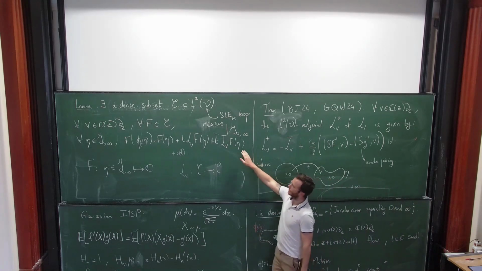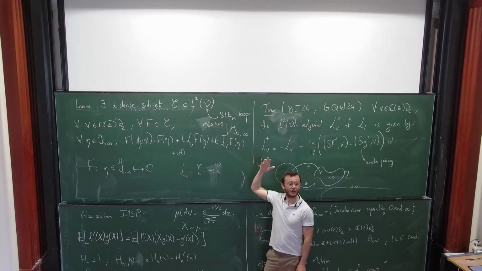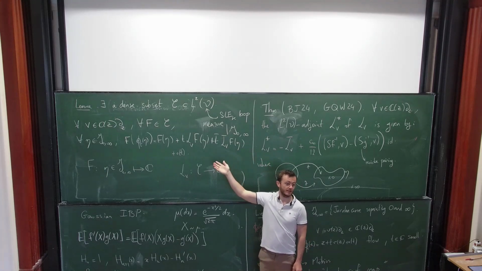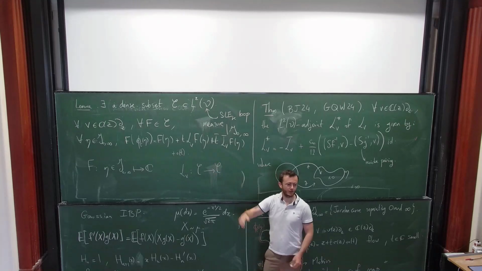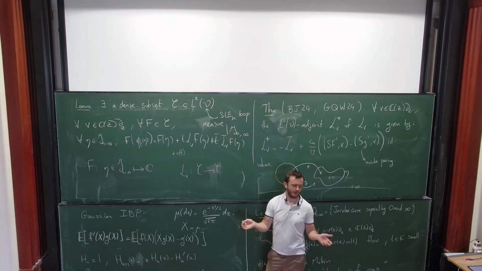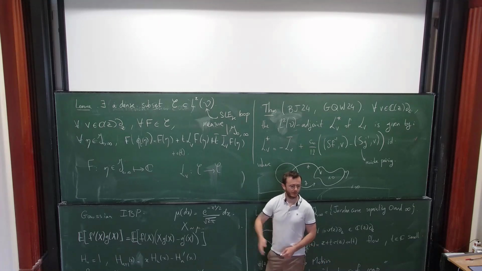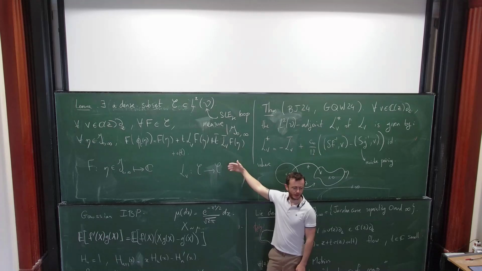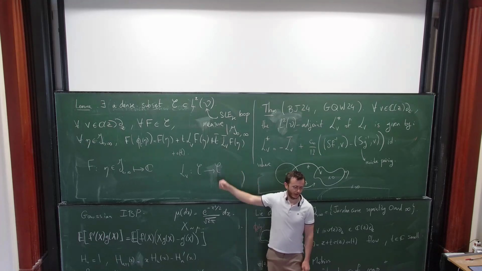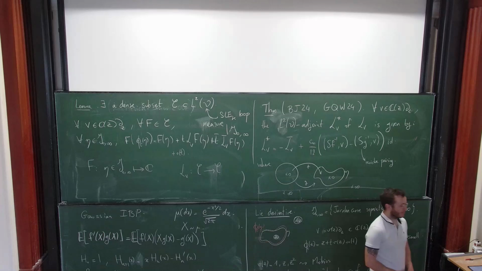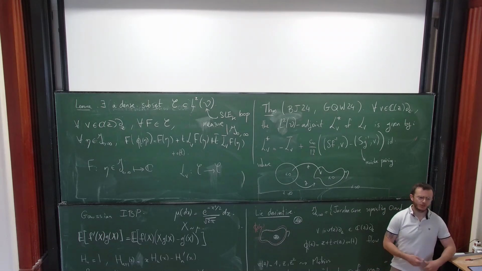If you want, I could rephrase this by saying, let me tell you exactly what this space C is. C would be like a space of smooth functions, if you want. And then for each smooth function that does not depend on mu, I have such an operator. I see. So what you're saying is that the subset C does not even depend on mu. Okay. So this lemma you could get rid of depending on mu, and you could say there exists this LV.